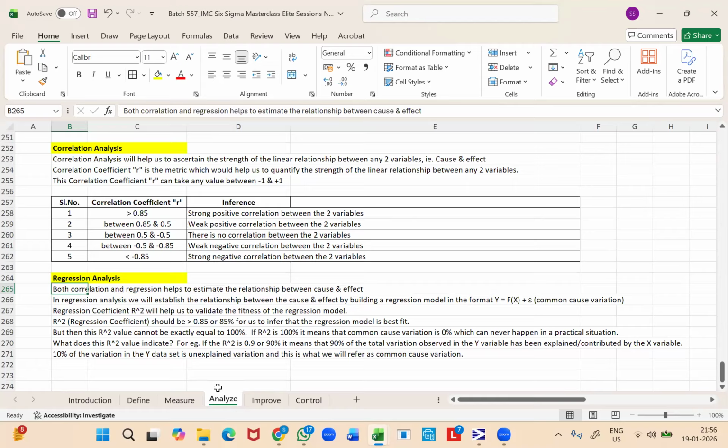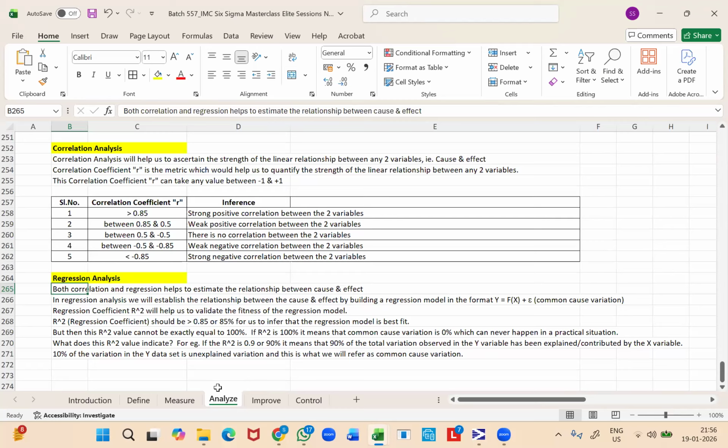That constant value would indicate common cause variation, which is denoted by epsilon in this regression equation. Clear? So this is how the format is going to look when we come up with the regression model.